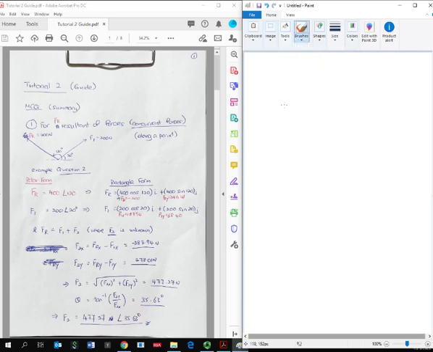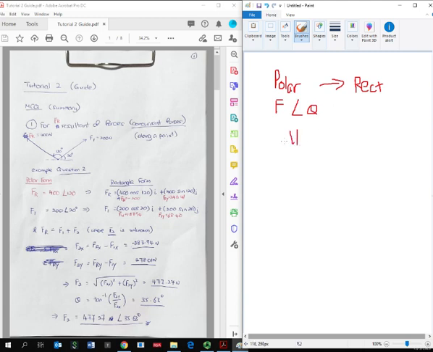When I'm talking about rectangular format, polar to rectangular, as you can see in the solution, we have a force with an angle. How do I convert it to rectangular format?